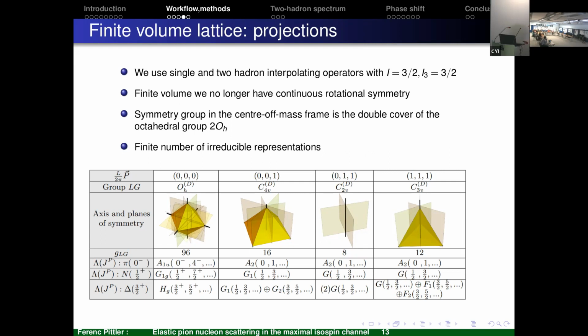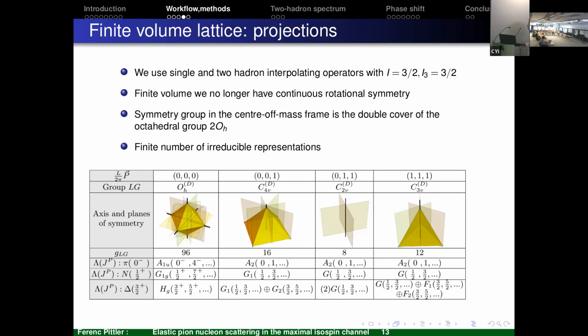If we are in the finite volume, these are no longer the correct indices for our Hamiltonian. This is because in the finite volume, we don't have the full rotational symmetry of the continuum. So we have only the kinds of symmetries that are shown here.